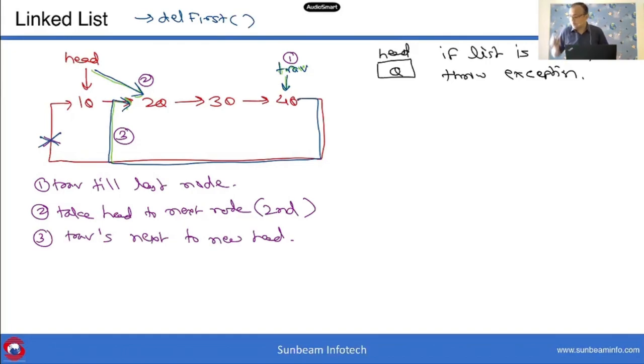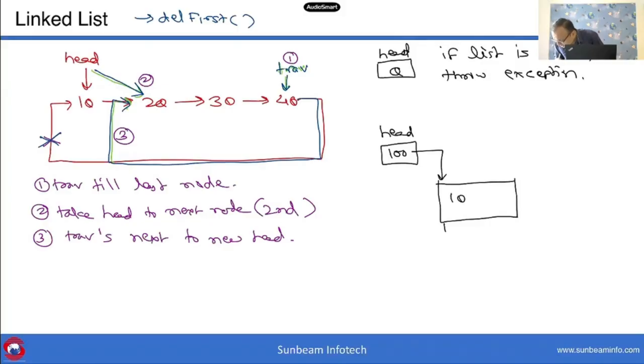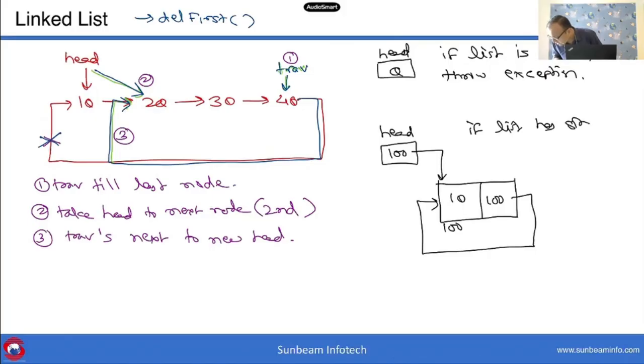Yes, we did it a little while ago, and we need to think of it. What if my linked list is having only one node? If the list has a single node, what to do?